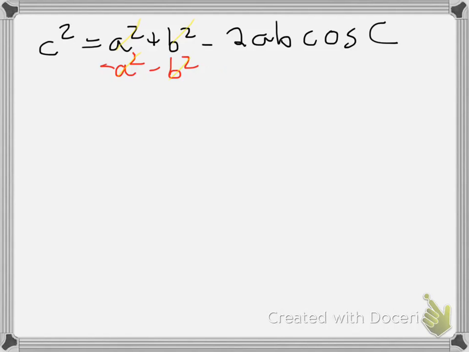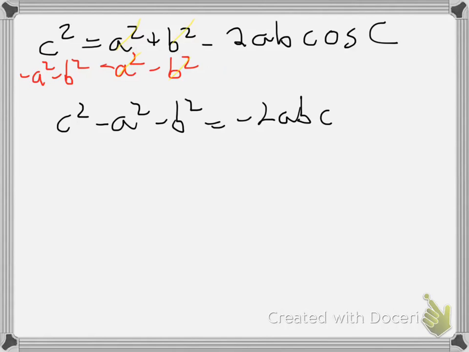Whatever I do to one side, I have to do to the other. Subtract a squared, subtract b squared. So I get c squared minus a squared minus b squared equals negative 2ab cosine c.